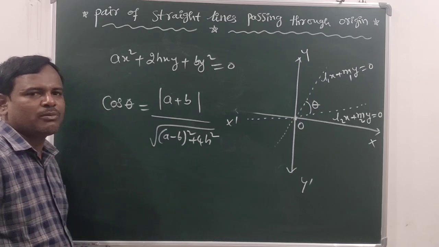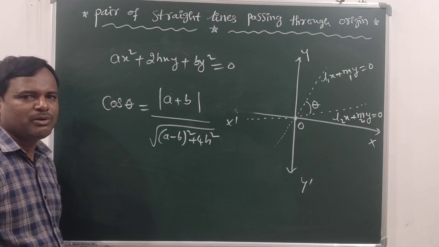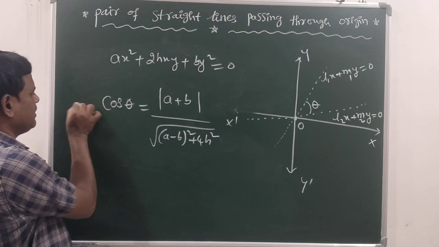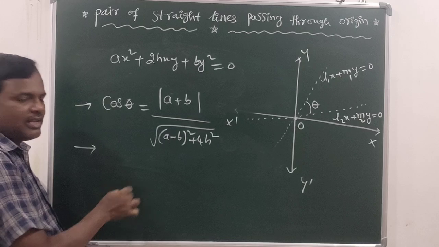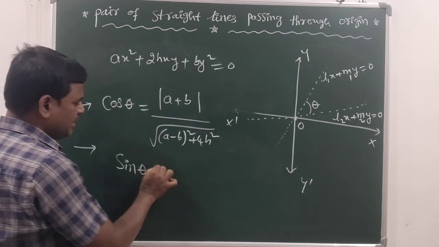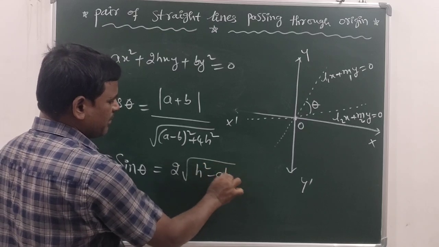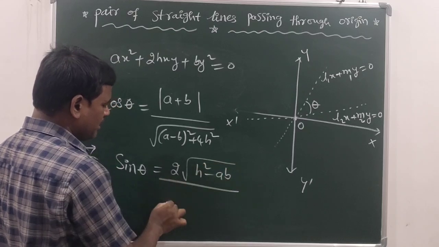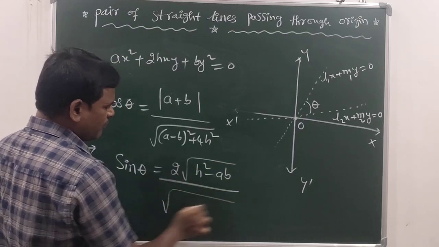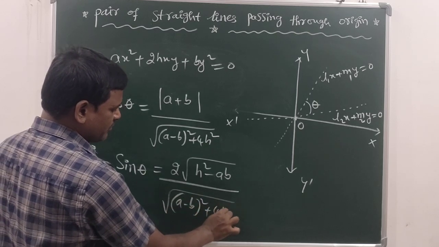You can use this formula: cos theta is equal to mod of a plus b by root of a minus b whole square plus 4h square. Next, sin theta is 2 into root of h square minus ab by root of a minus b whole square plus 4h square.